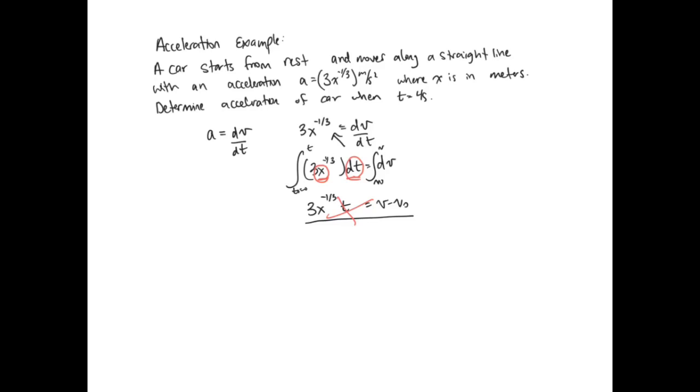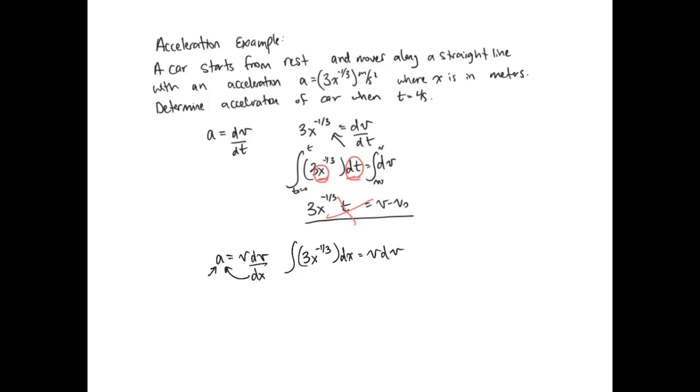So now let's try using acceleration is equal to v dv over dx. Now we'll plug in what we know for acceleration and move the dx over. We have 3x to the negative 1/3 times dx is equal to v dv.